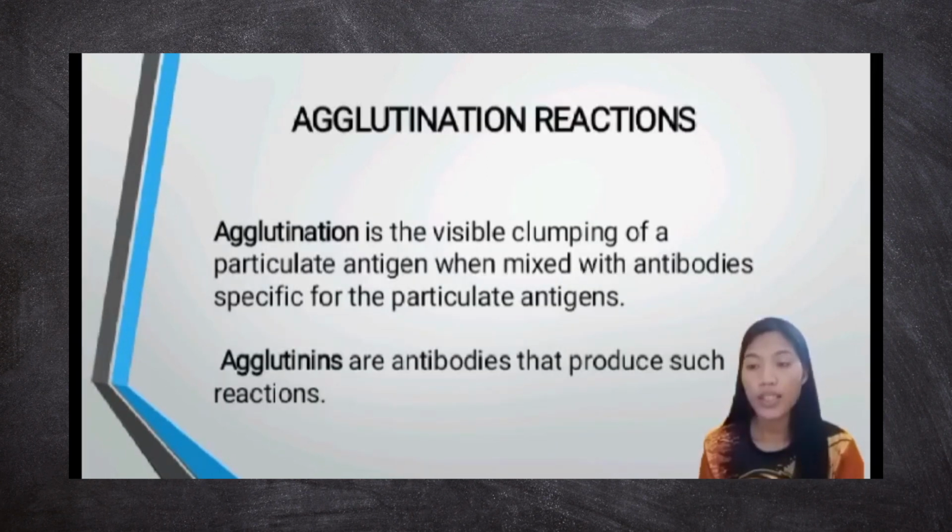So, next is the agglutination reactions. Agglutination is the visible clumping of a particulate antigen when mixed with antibodies specific for the particulate antigens, and agglutinins are antibodies that produce such reactions.